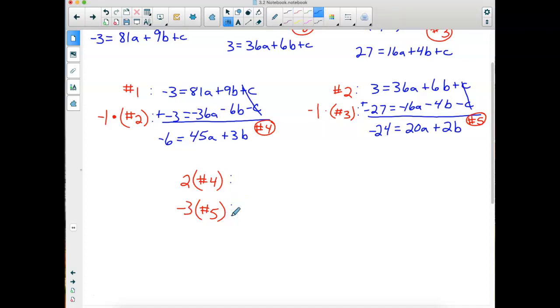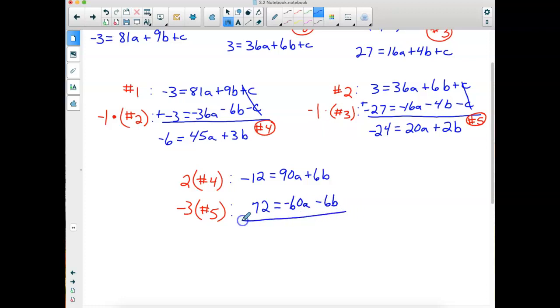So when I take my equation 4 times 2, I get -12 equals 90a plus 6b. And when I take equation 5 times my -3, I get 72, because -24 times -3 is 72, equals -60a minus 6b.